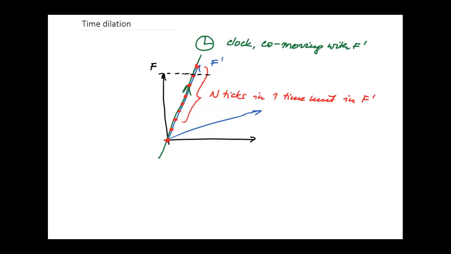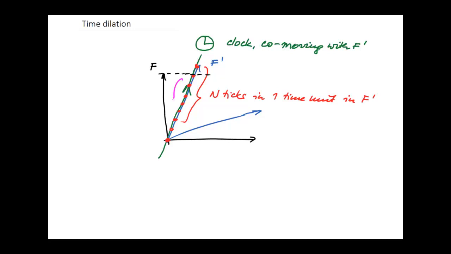And there's one tick less. So observer F sees that in his or her time unit, the clock shows fewer ticks, and this means that the clock goes more slowly.